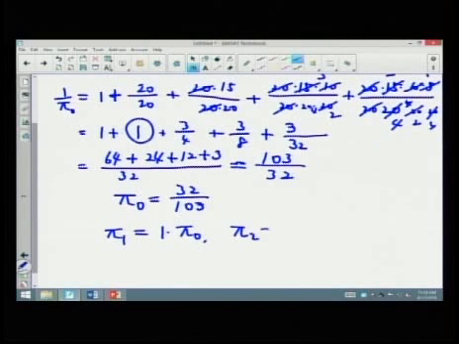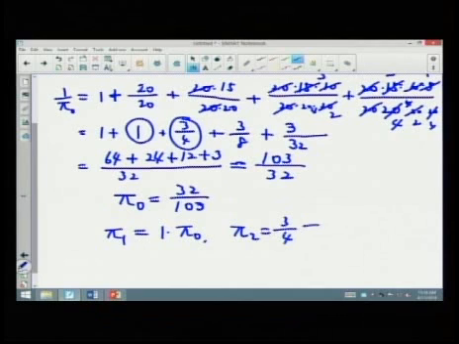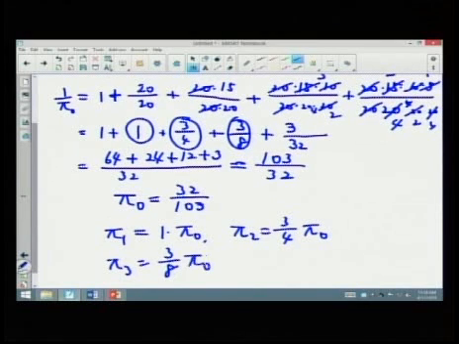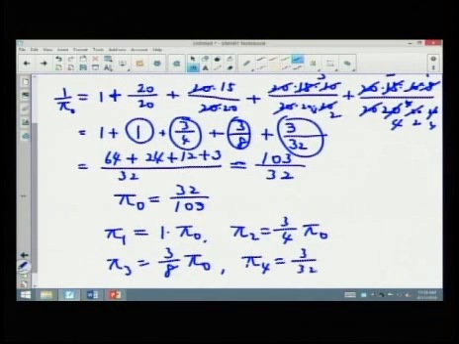Pi 2 the second value, 3/4 times pi 0. Pi 3 is third value, 3/8 pi 0. Pi 4 is the last value, 3/32 times pi 0. Right? We've done this many times, right? So I just want to refresh your memory.